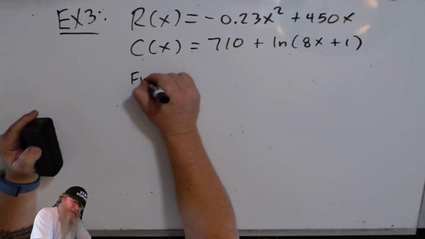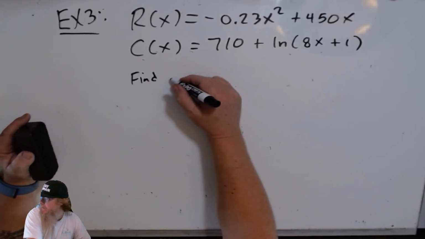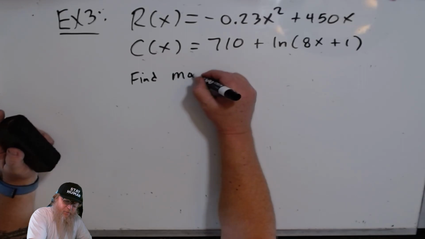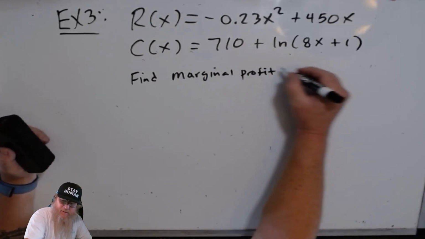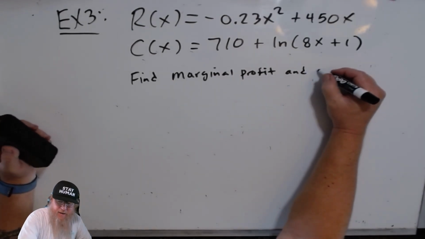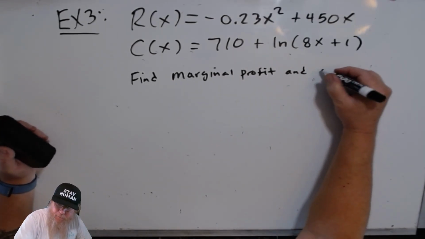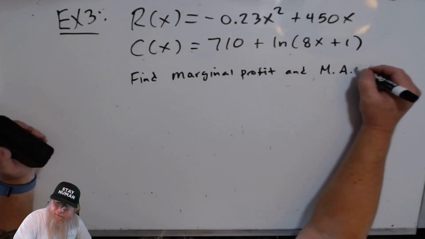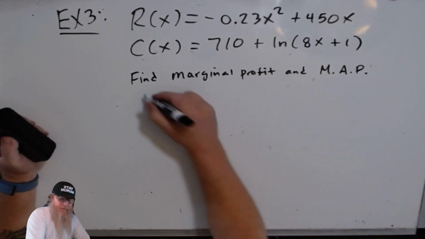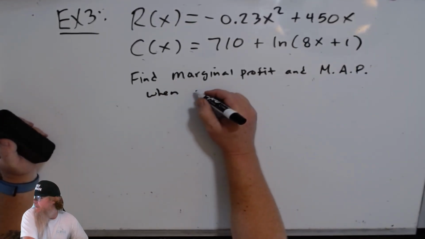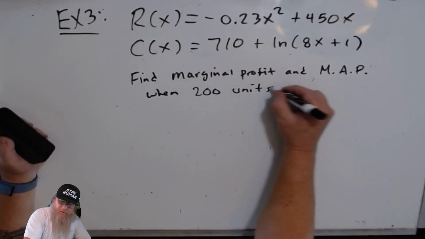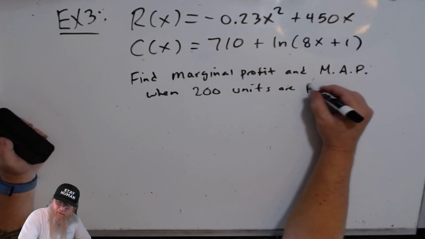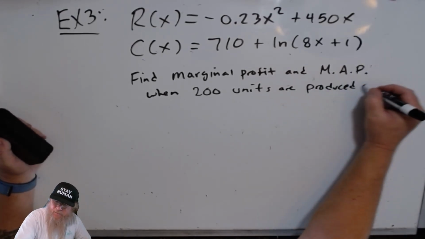Find the marginal profit and the marginal average profit, remember MAP, when 200 units are produced and sold.